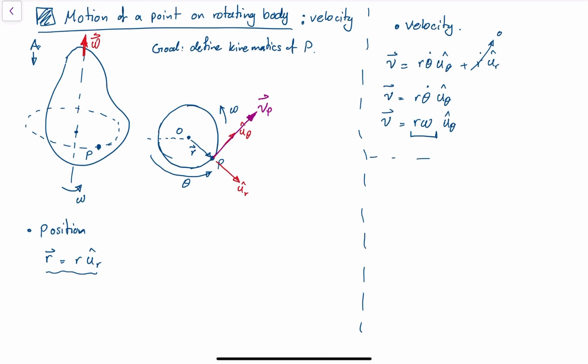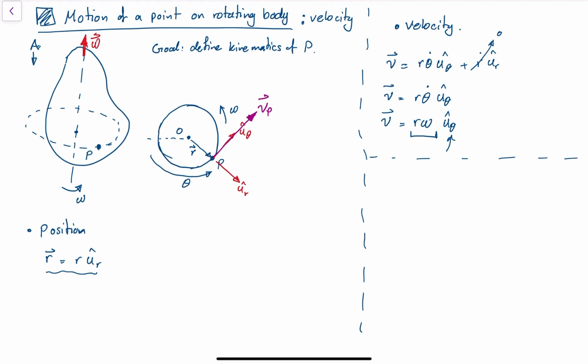But there's actually one other thing I want to say. In general, this u_theta is a little clunky to work with, because as the body rotates, theta changes. We need to keep track of where u_theta is, and sometimes it gets a little inconvenient to do that. The question is, is there a better way? And the answer is yes.